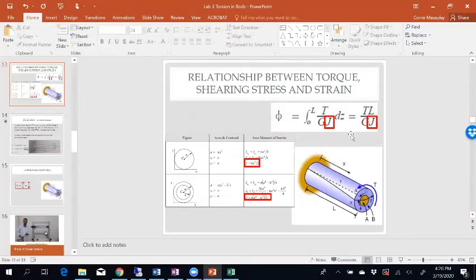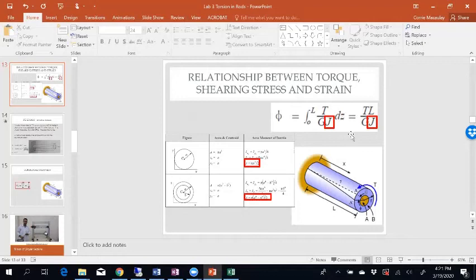So if I ask you to plot TL versus J times phi, what is the slope of that graph? Is it the inverse of G?